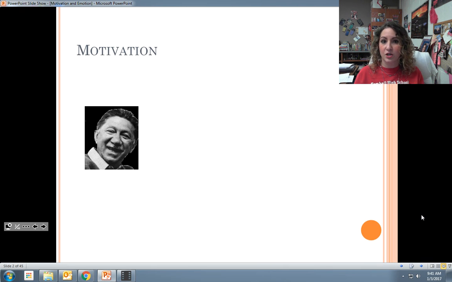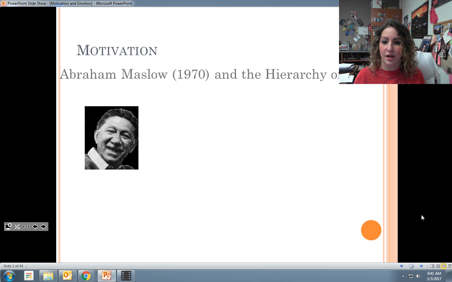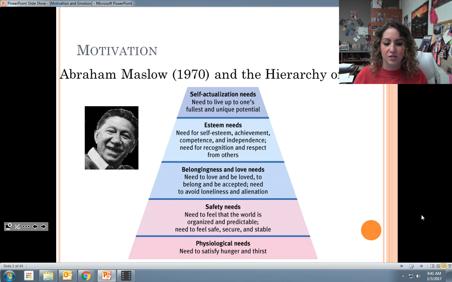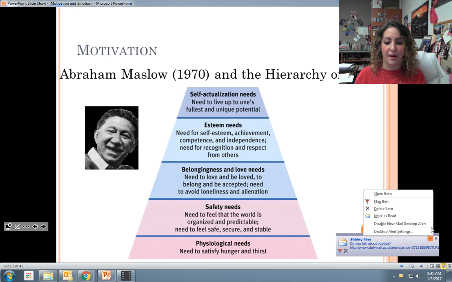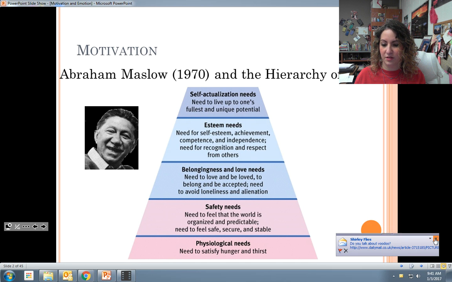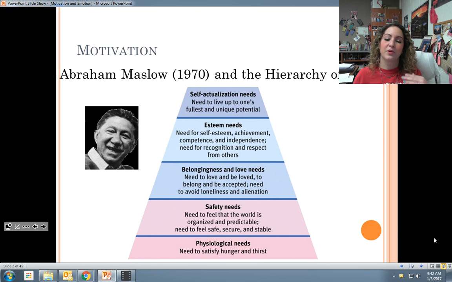So I kind of mentioned Maslow's hierarchy of needs, and here it is on the screen. Everyone starts at the very bottom of the pyramid, and we need to talk about moving up the pyramid. We have physiological needs that we need to satisfy first before anything.